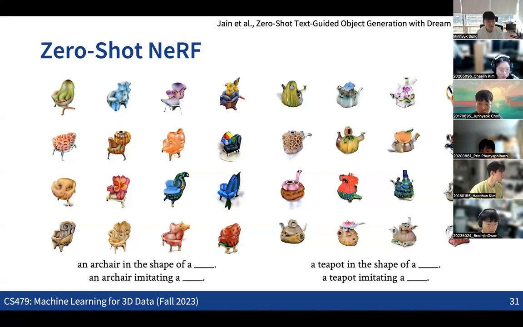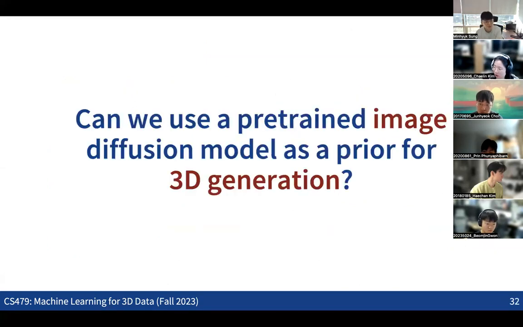So now we are getting back to that point: when you have pre-trained 2D diffusion models, which are trained with more than 5 billion images, can you utilize this prior knowledge about realistic 2D images learned by the diffusion models to make high quality 3D outputs?